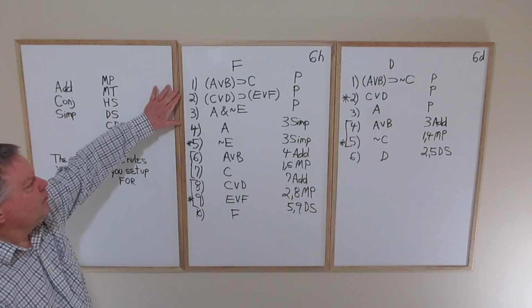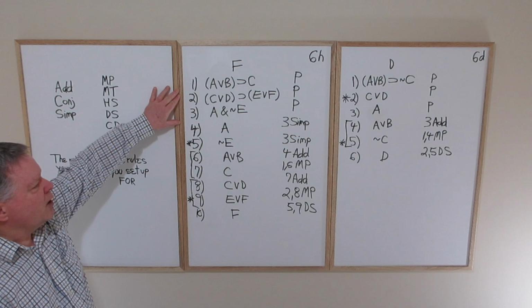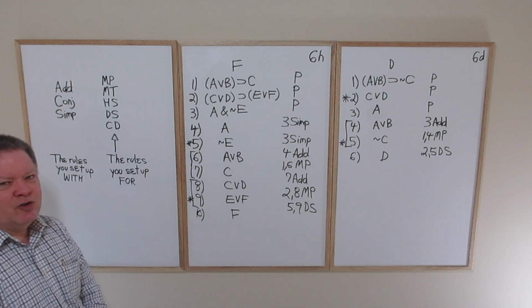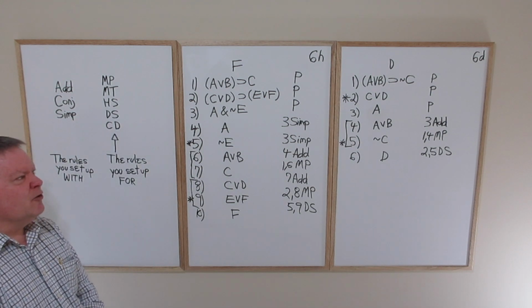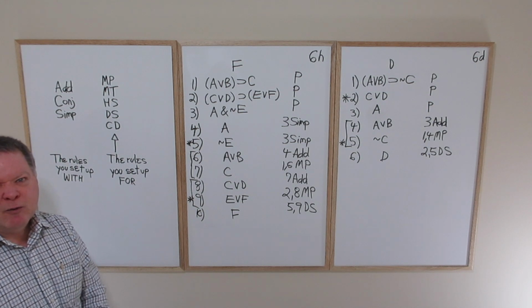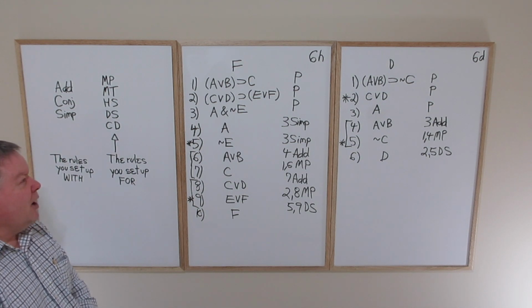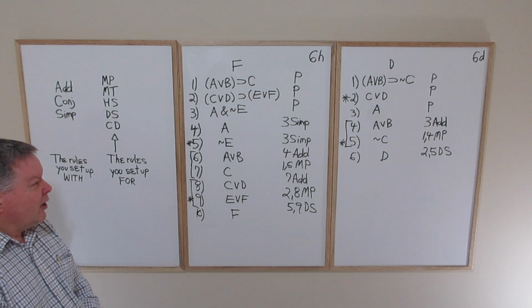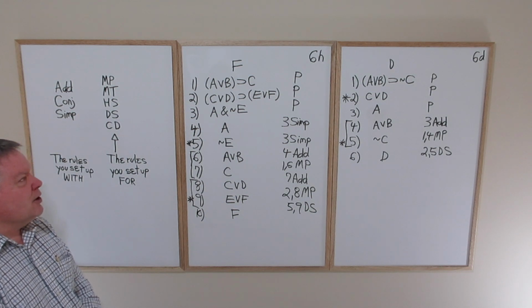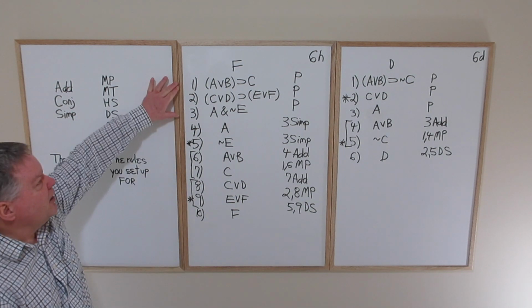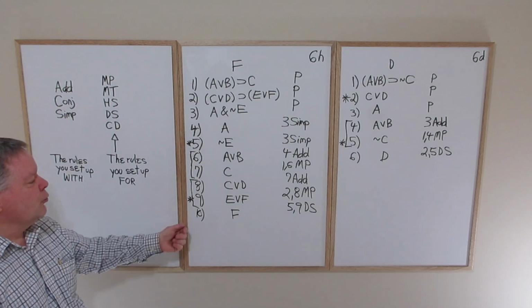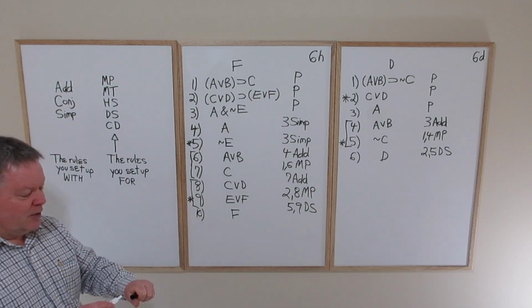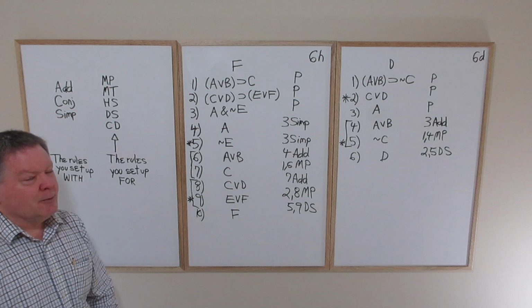So this time, we started off with 3 premises. It took us 7 lines of inference, each of which is a valid rule of inference and was applied to a subset of the available information in order to demonstrate that if these 3 sentences are true, F must be true as well. So we're done.